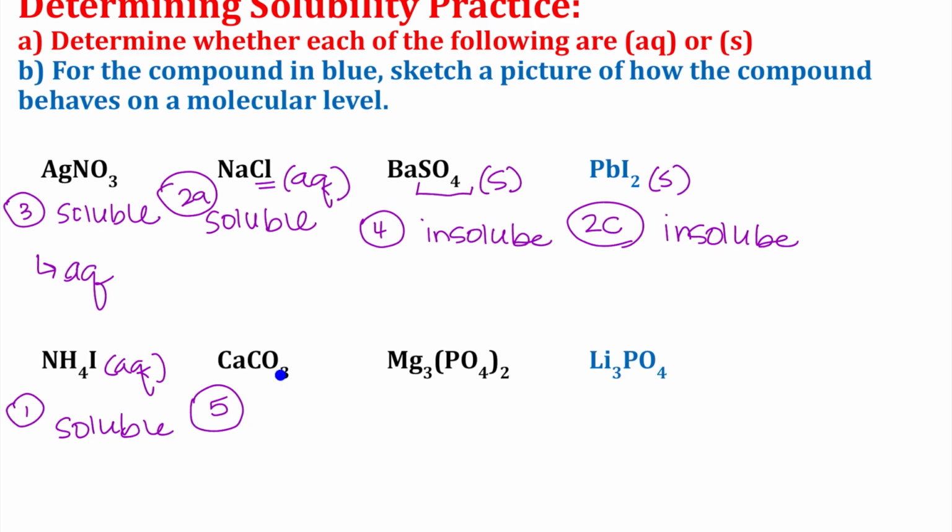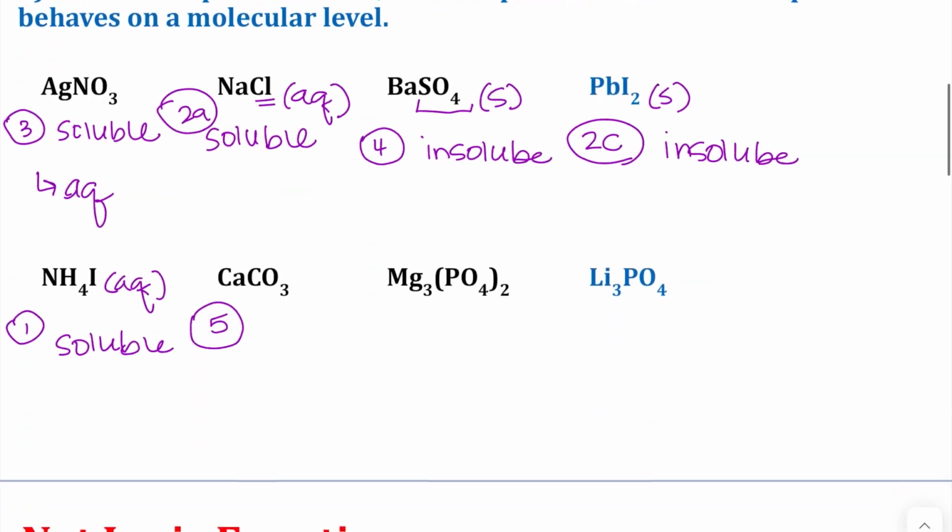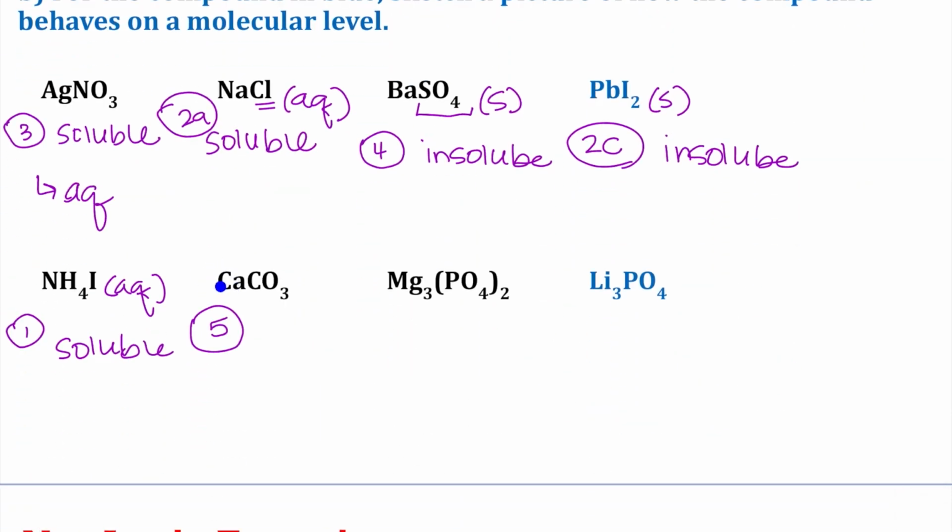Carbonates are insoluble except NH4 and group 1A compounds. Well, group 1A is the first column on our periodic table. And so we need to check, is calcium in that first column on the periodic table? It is not. And so this would be insoluble and would be a solid state of matter.